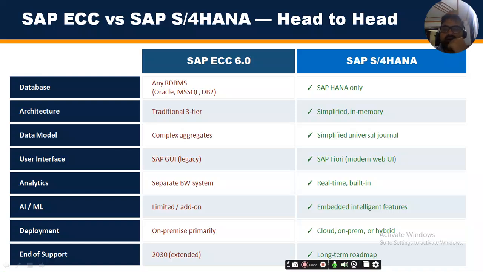Last time we had covered what is ERP and what is SAP. So I just wanted to do a quick recap regarding the last session. In my last session we covered that ERP, the full form of ERP, is enterprise resource planning.